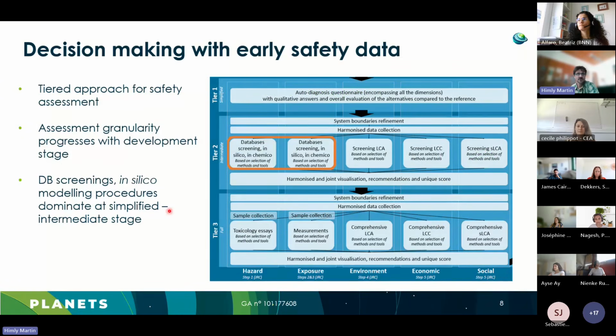So talking about data on the safety dimension now, on the tier 1 level, we have a very qualitative questionnaire-based approach in our project, and many other projects do this alike.